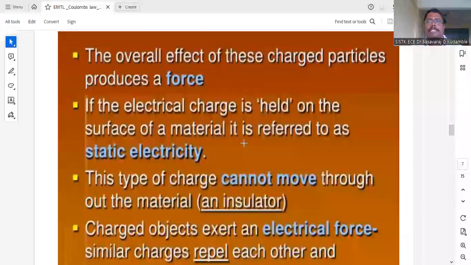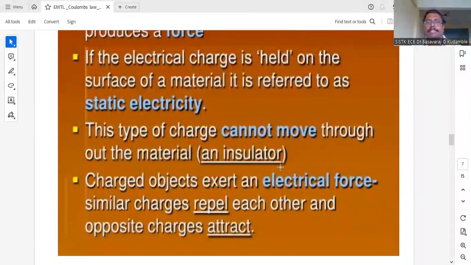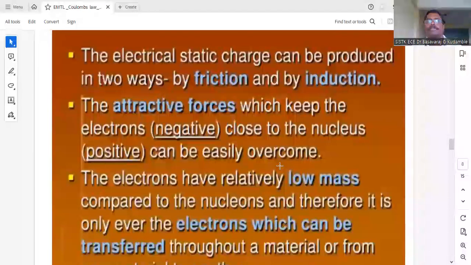Here static means constant. The charge will be at rest. So this type of charge cannot move throughout the material. Now if it is an insulator, it cannot move the charges. So these charged particles can exert an electric force. Similar charges repel each other and opposite charges attract each other. So static charge can be produced in 2 ways.